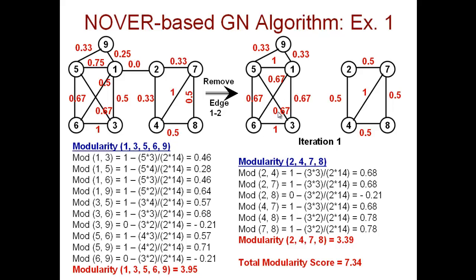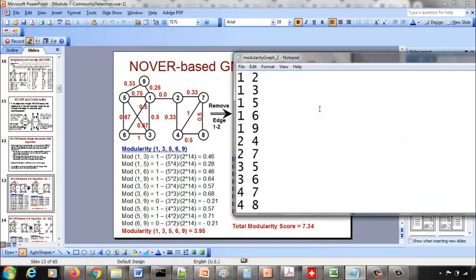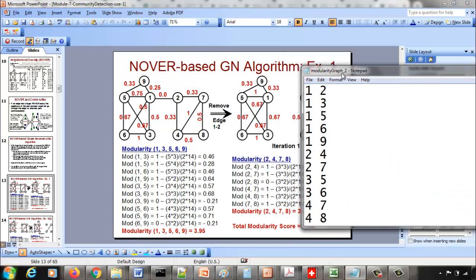So here you have 1, 3, 5, 6, 9. What you need to do is find the NOVER scores of just these edges that are part of this community.